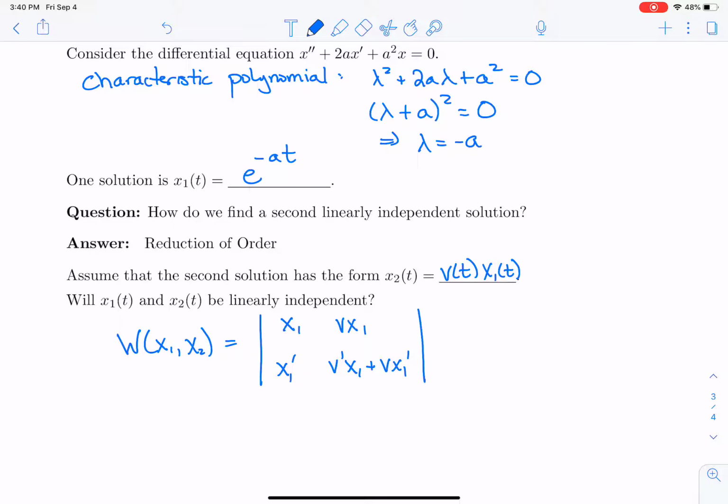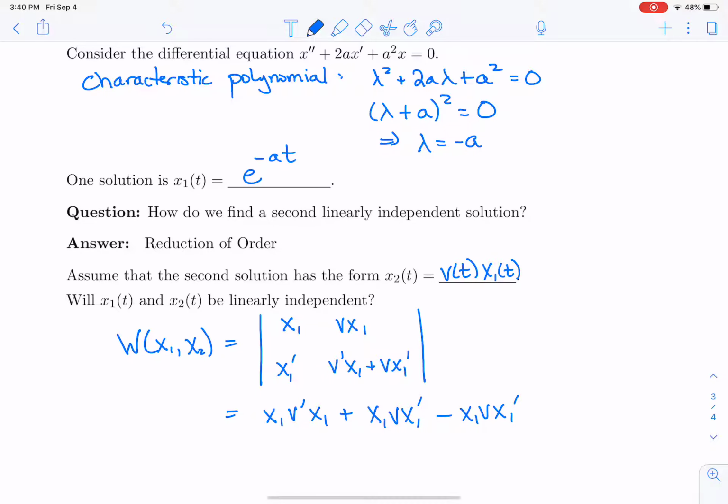That's going to tell me that x1 times (v prime x1 plus v x1 prime), sorry, let me rewrite that, minus x1 prime times v x1 is the determinant.